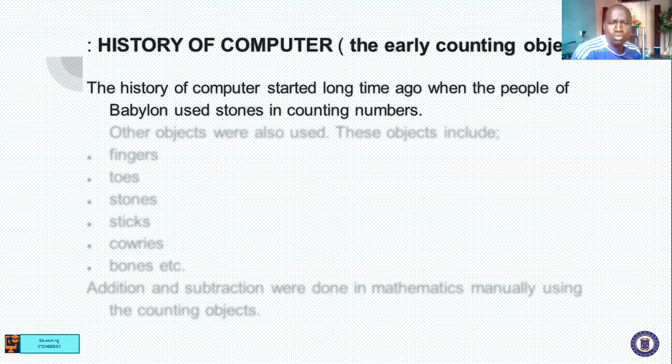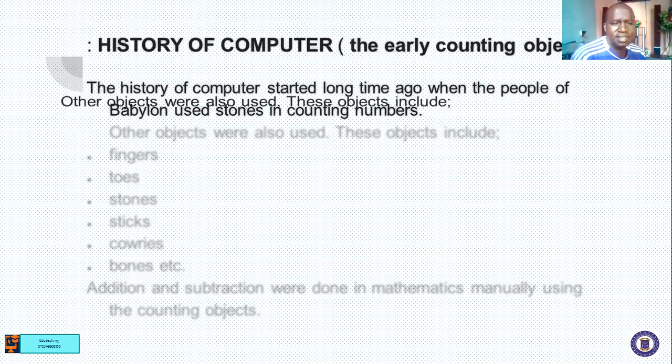So now when I want to know the total tubers of yam, I will join all these stones together and then count all of them. So the total amount they give me, I know that this is the total of tubers of yam that I have for that particular year. So this is how people were using different objects in counting and doing little addition and then subtraction.